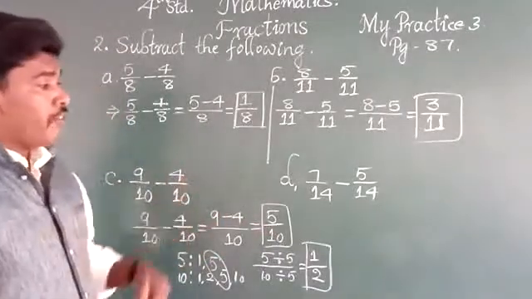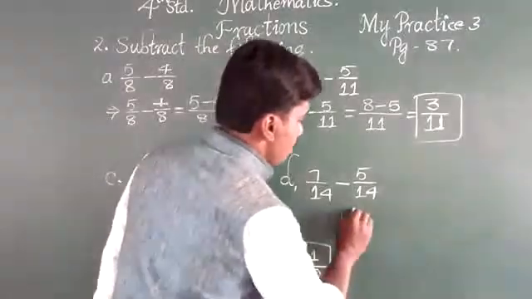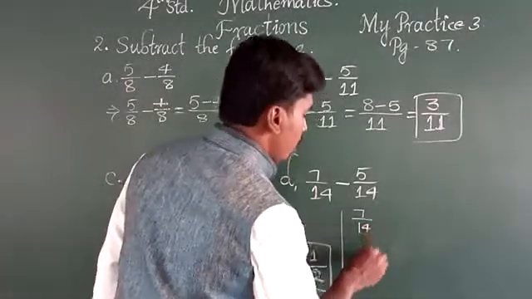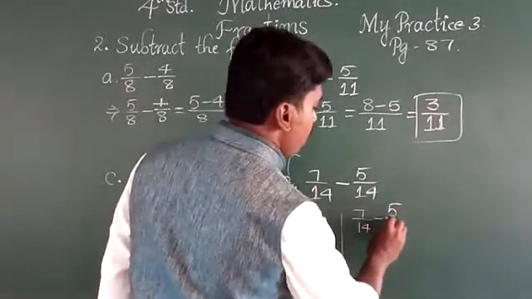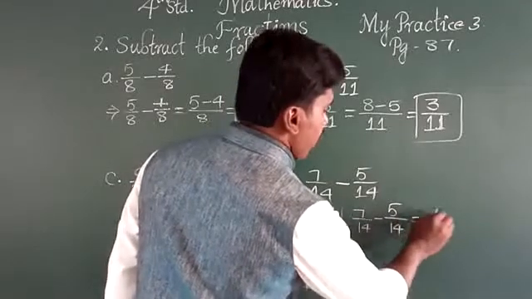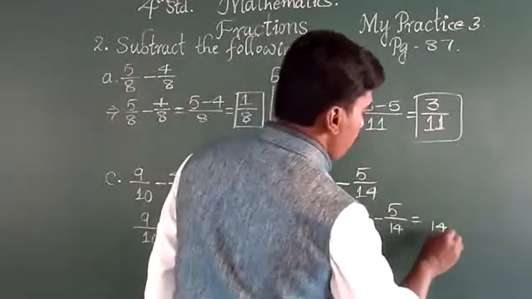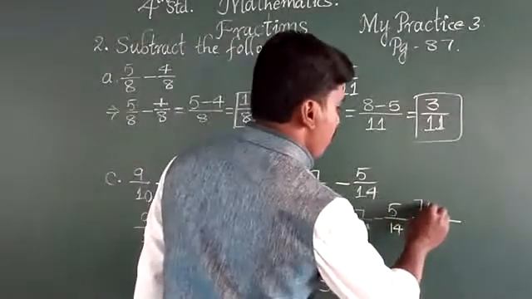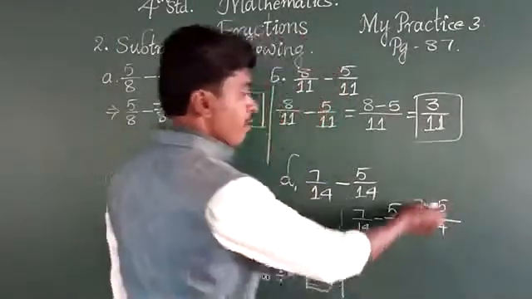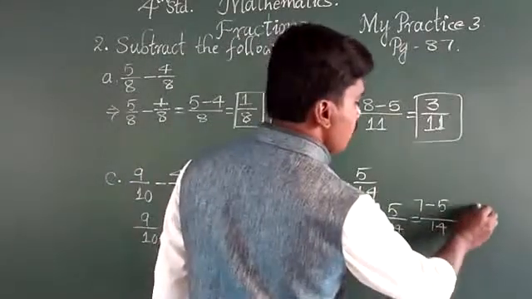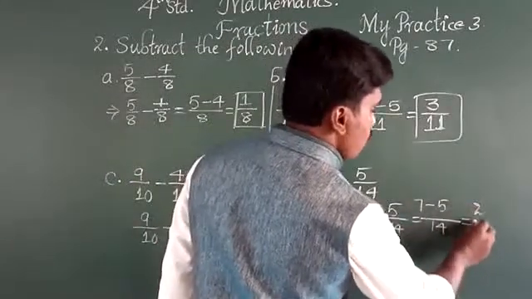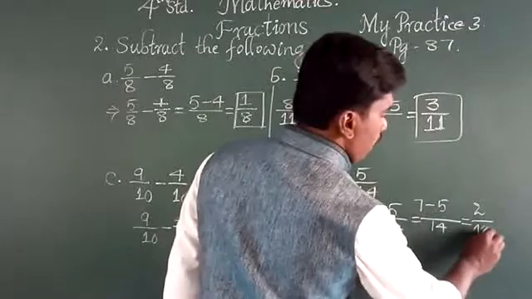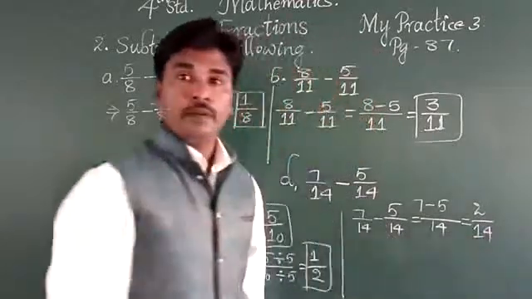So now come to D. It is 7 by 14 minus 5 by 14. Take out the common denominator 14. Subtract the numerators. 7 minus 5. What is 7 minus 5, dear children? It is 2. 2 by 14.